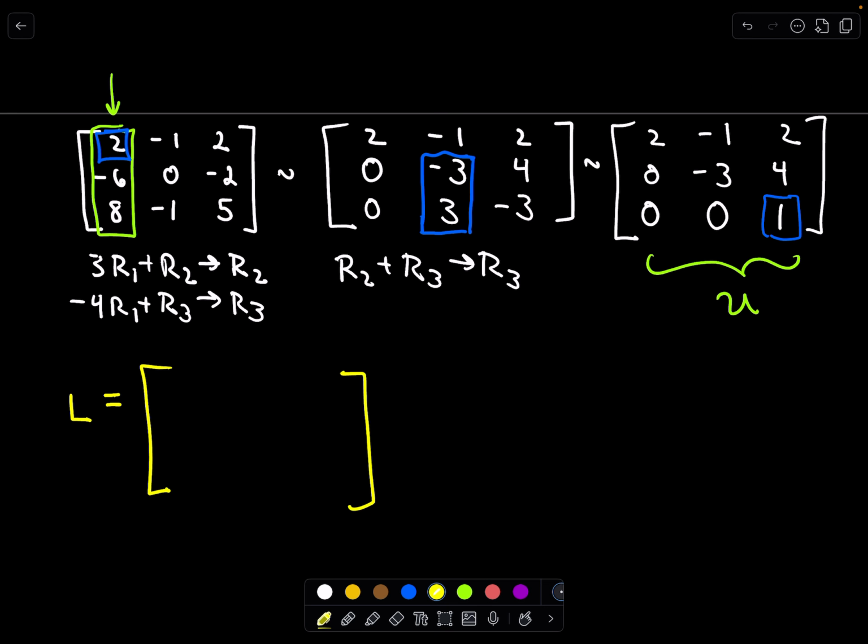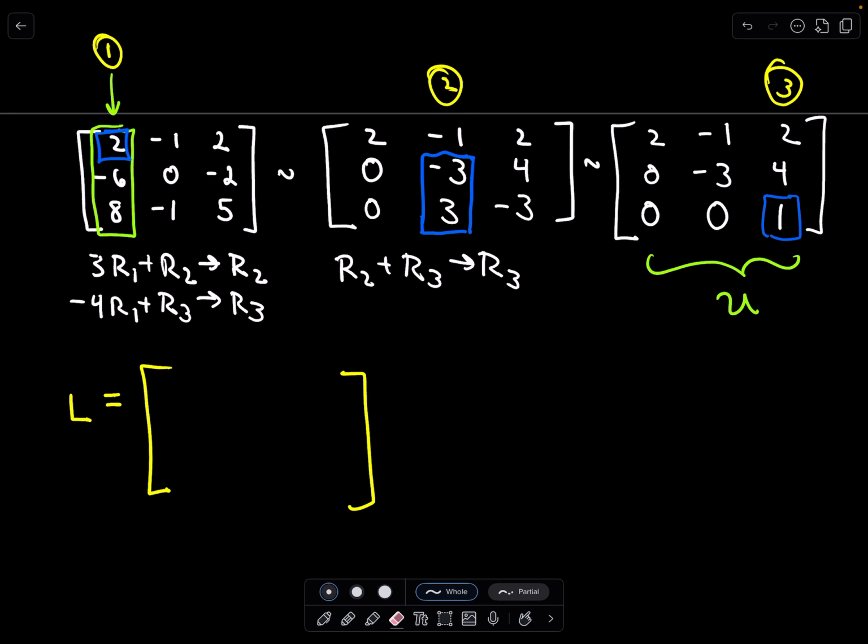So the way that we construct L is we look at these boxed in entries that I have found. Now, we don't just put 2, -6, and 8 in here because we want the diagonals all to be equal to 1.